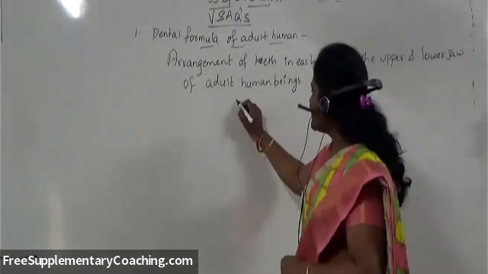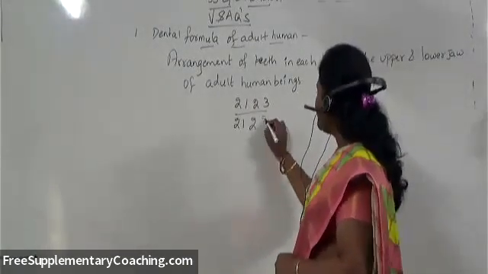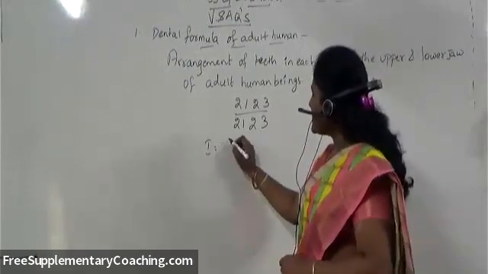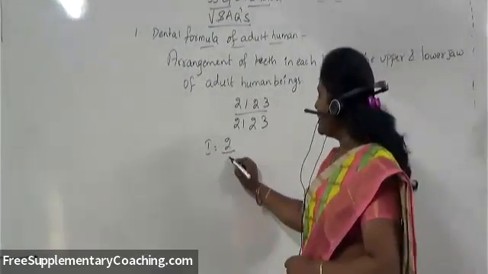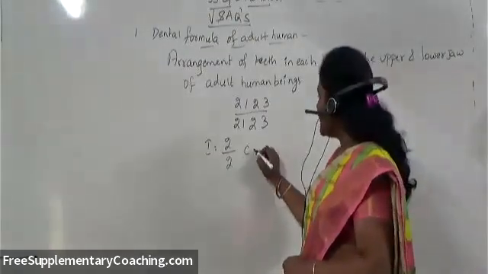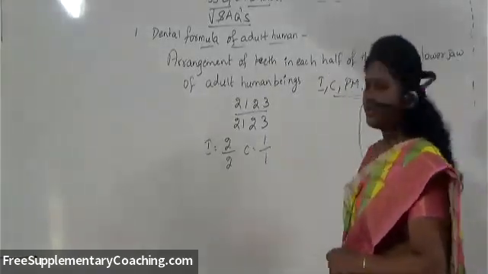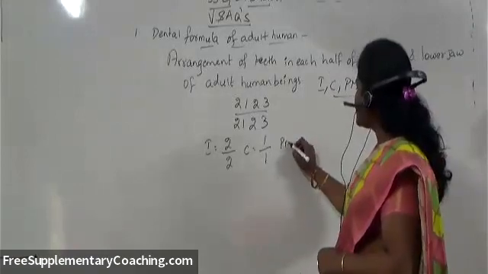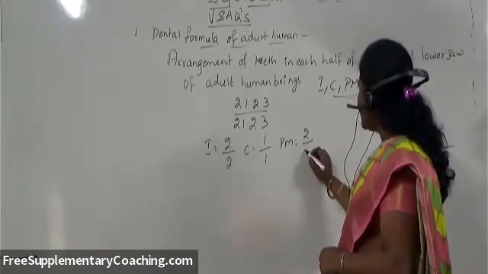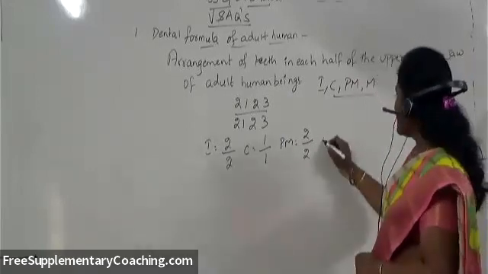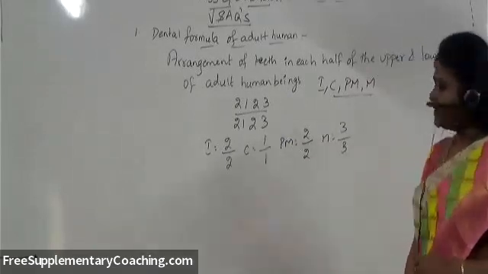The dental formula is 2,1,2,3 by 2,1,2,3. That means incisors in each half of the upper jaw 2, in each half of the lower jaw 2; canines 1 and 1; premolars 2 and 2; and molars 3 by 3.